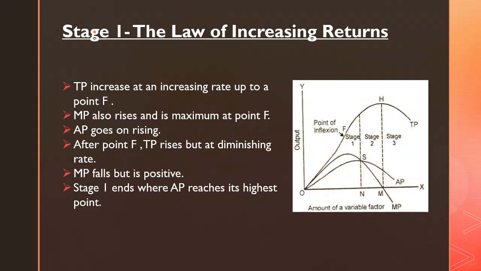As you can see in the diagram, total production after point B increases but at diminishing rate and MP falls but is positive, and when our AP is at its highest point, we know that is the end of the first stage and starting point of the second stage.